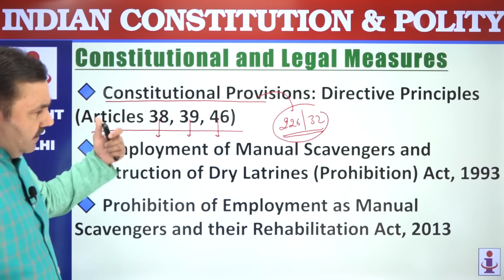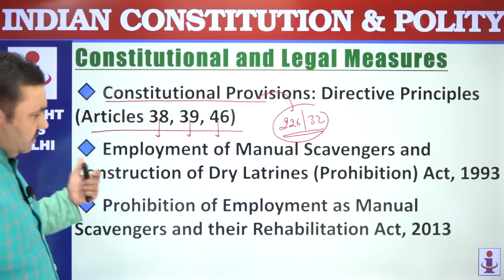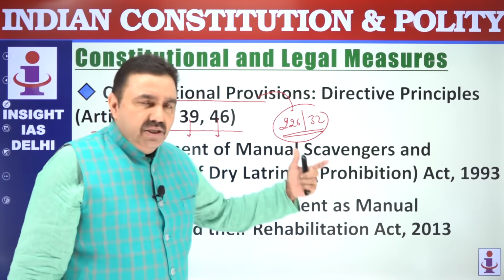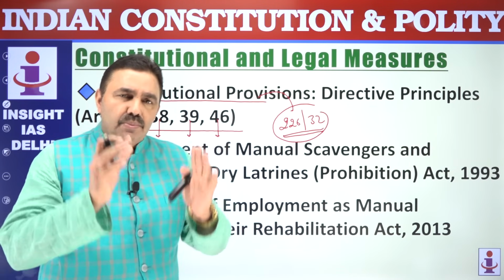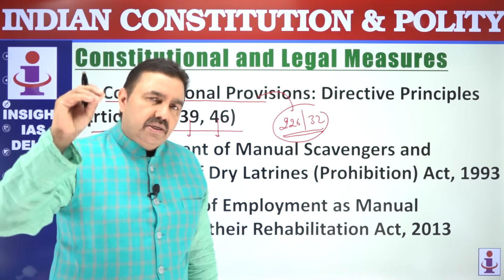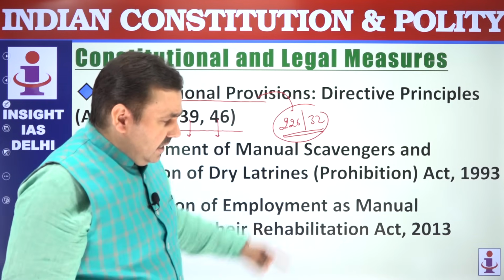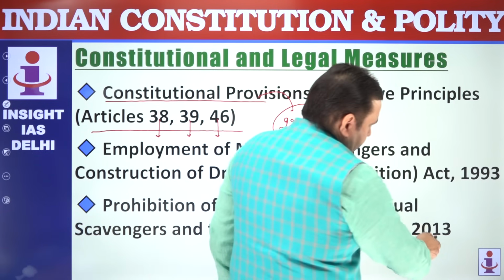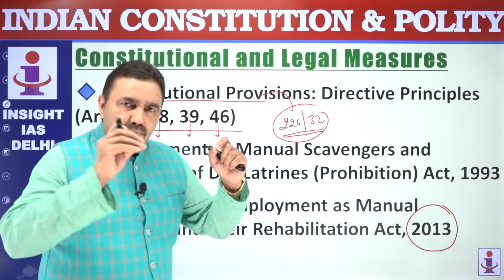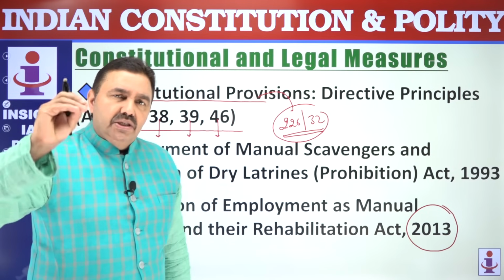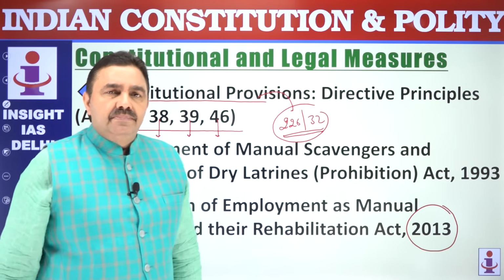Then we have the 1993 law, the Employment of Manual Scavengers and Construction of Dry Latrines Prohibition Act. This was enacted in 1993. This had loose provisions. This could not be enforced on the ground strictly because it did not prohibit manual scavenging completely. That limitation was rectified 20 years later in 2013 when a new act was enacted, and under the provisions of the new act, manual scavenging is not only completely prohibited, it is a punishable offense.